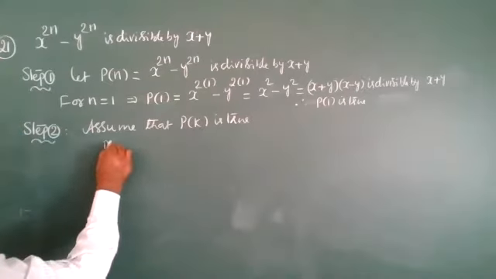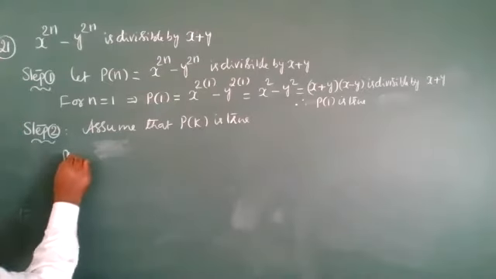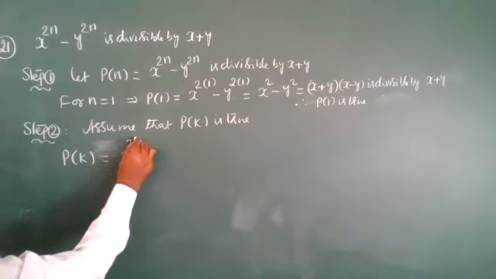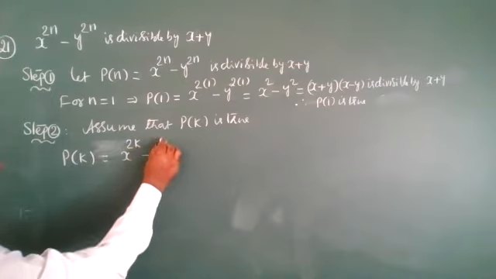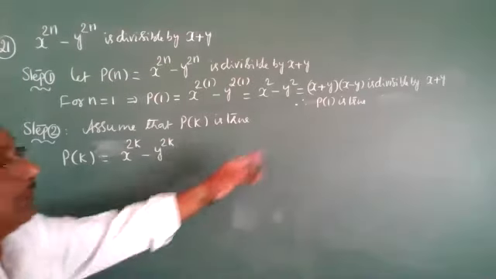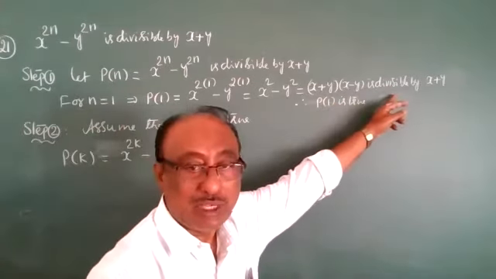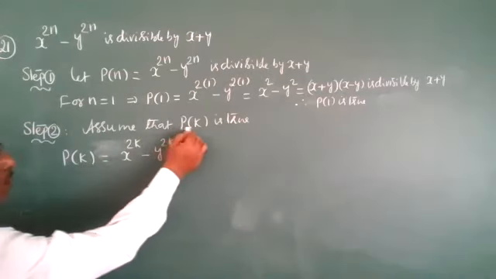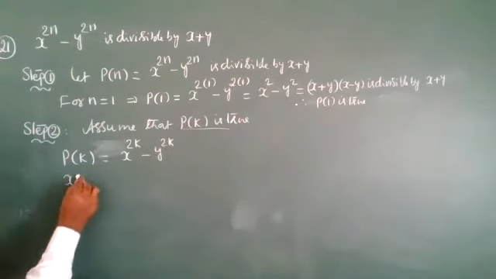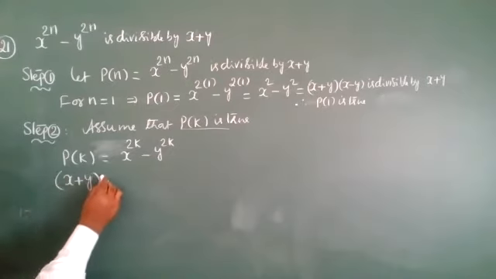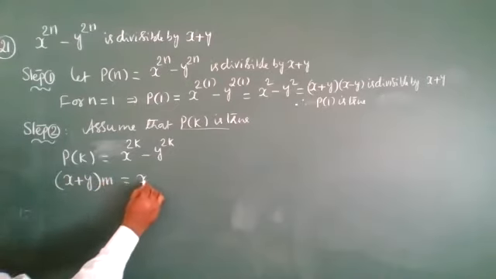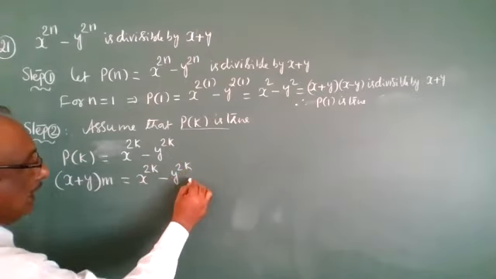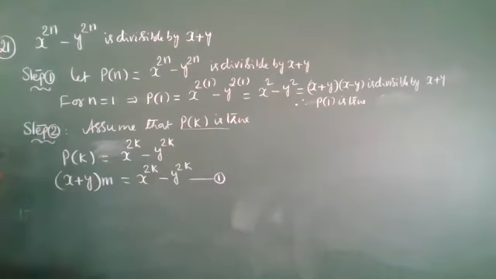P of k is equal to x power of 2k minus y power of 2k. Therefore, P of k is true means x plus y into some number is equal to x power of 2k minus y power of 2k. Let it be equation number 1.